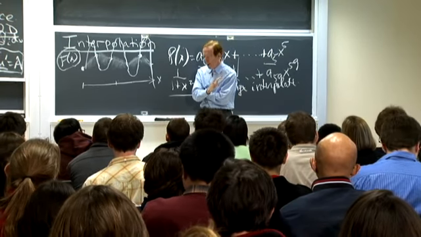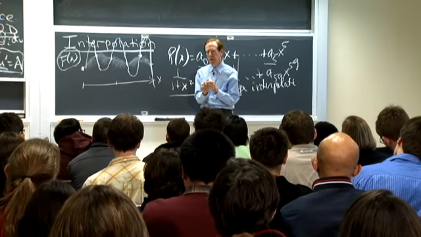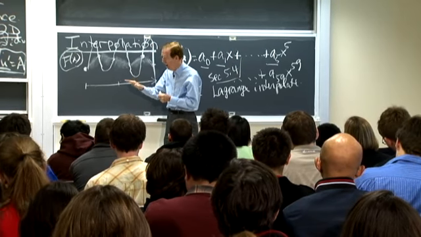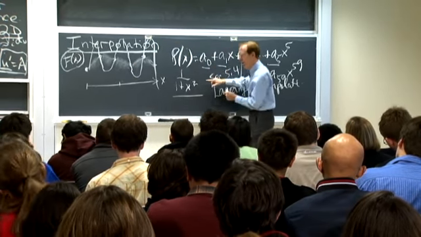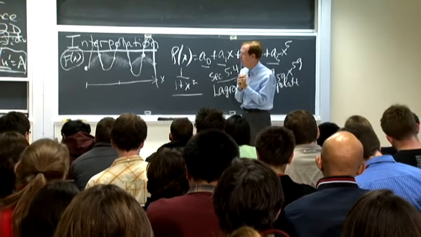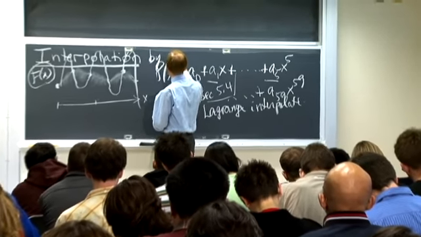And one good answer is fit those points not with straight lines, that's too crude, not with a single polynomial, that's too unstable, but fit it with splines. So interpolation by splines.